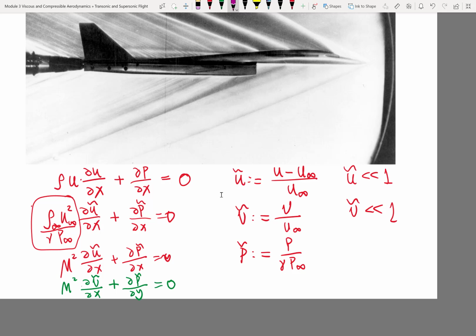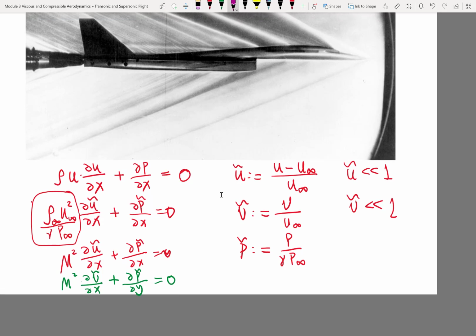Okay, so conservation of mass gets us, in 2 dimensions, the derivative of rho u dx plus the derivative of rho v dy is equal to 0, right? And that means if I just split them out, each derivative has 2 terms. One term is just rho times du dx plus dv dy.